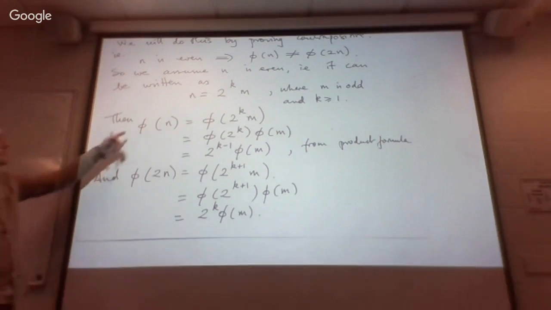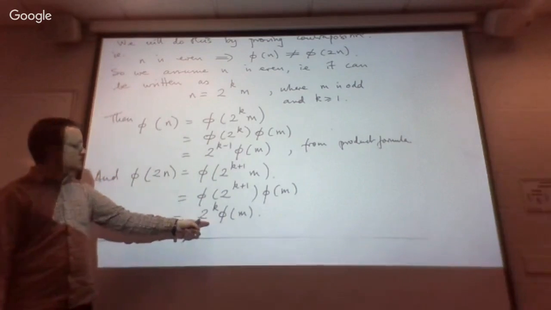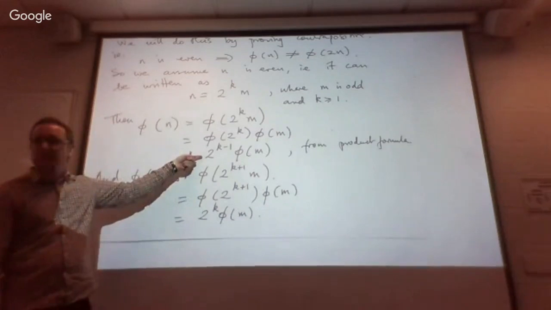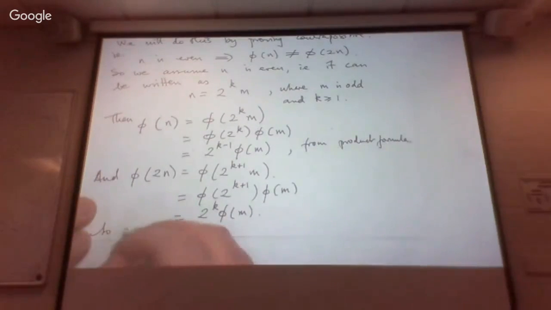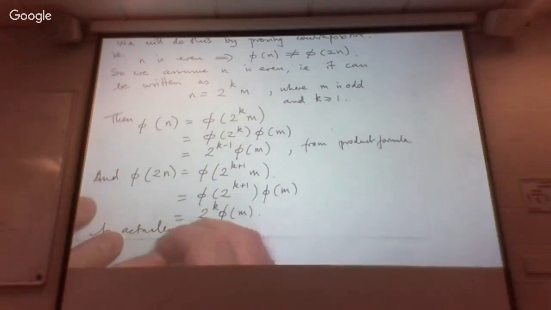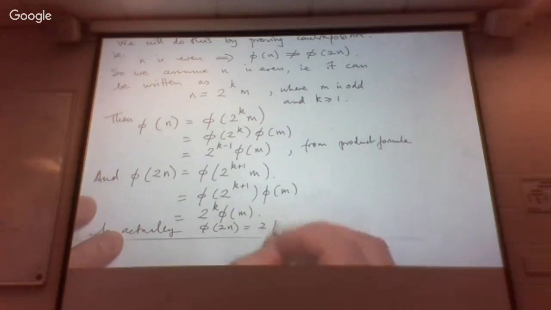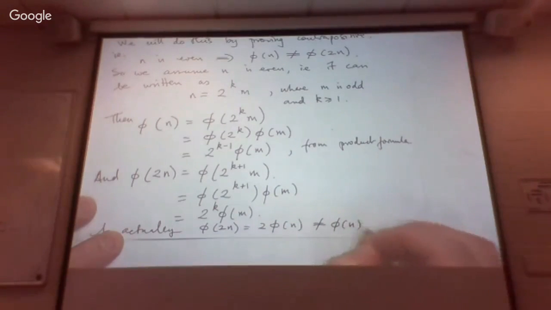Actually, we're seeing that phi of n is this value, phi of 2 times n is this value, so the value of phi of 2 times n is twice that of the value of phi of n. So actually, phi of 2 times n is equal to twice phi of n, which is certainly not equal to phi of n.